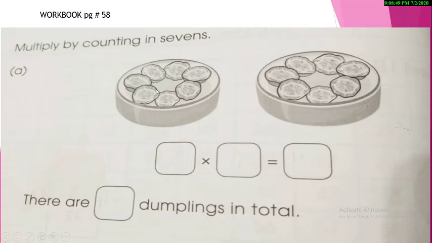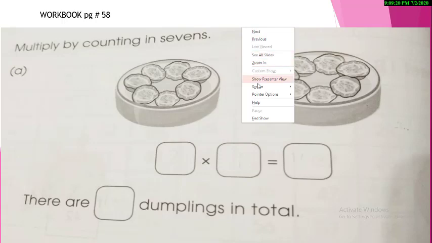So let's look at this picture. What are they? They are dumplings. Dumplings is a kind of dish, you can say like samosas, a wrap with a filling inside of it. It's the name of a dish. So let's count how many dumplings are there. 1, 2, 3, 4, 5, 6, 7.